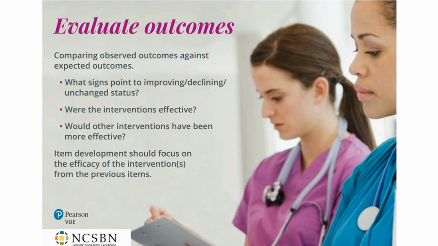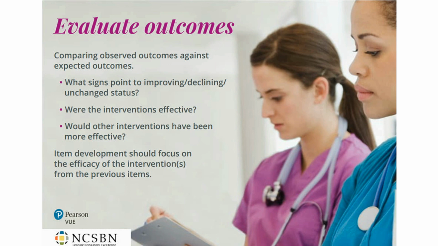testing on the NCLEX is our ability to evaluate in the nursing process, which, in this step of the NCSBN clinical judgment model, they're calling evaluate outcomes, which takes the place of evaluation in the nursing process. It's still the same thing.